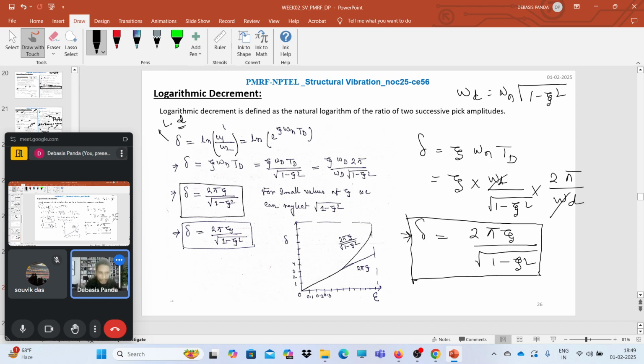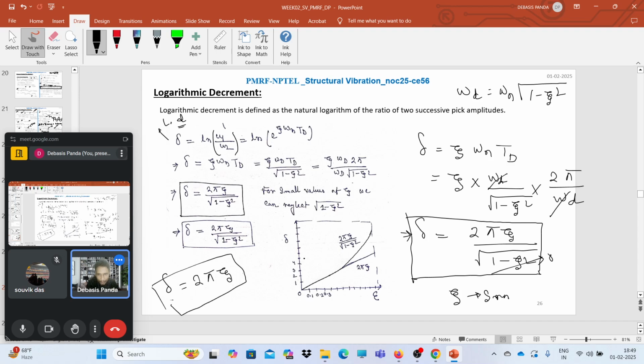Now if the xi value is very small, so we can neglect this part. So we are left with the logarithmic decrement delta being nothing but twice pi xi. Now if we plot delta versus zeta, for small values of xi, if we neglect that denominator part, the plot will look like this.